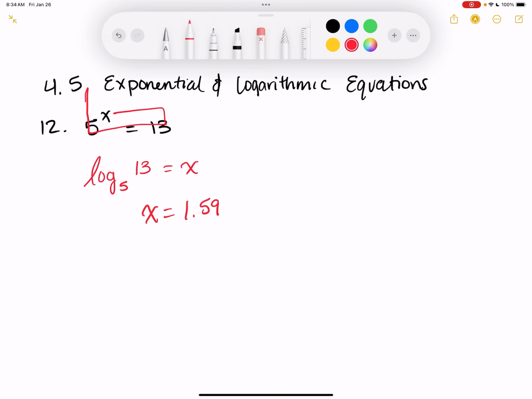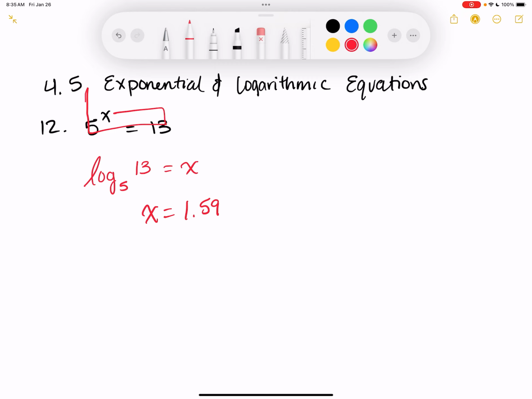You're probably not going to like it. So you're going to have to use the change of base formula every time. So you're going to have to do log of 13 divided by log of 5 to use your calculator.